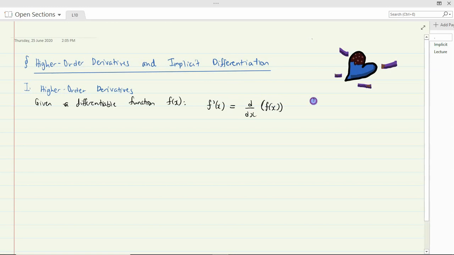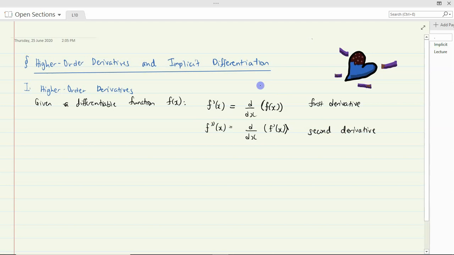And this is actually the first derivative of our function. Now, what if ang kunin naman natin this time the derivative with respect to x of our first derivative? At ang kinukuha natin ngayon dito ay ang ating second derivative. So, this is the second derivative of function f, which we also denote as f double prime of x.